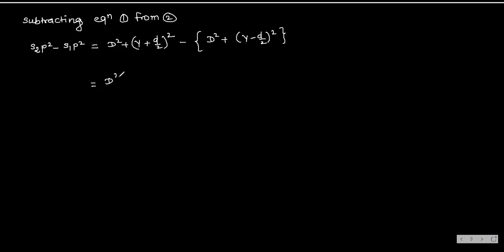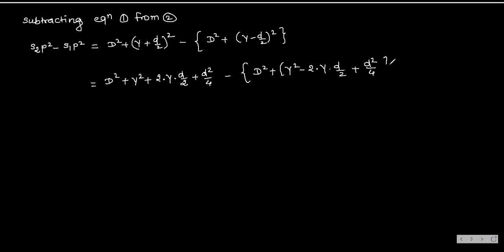First I am expanding this from the formula (a plus b) whole square. So this is y square plus 2 into y into d by 2 plus d square by 4, minus, in bracket, D square plus, again taking a small bracket, y square minus 2 into y into d by 2 plus d square by 4.